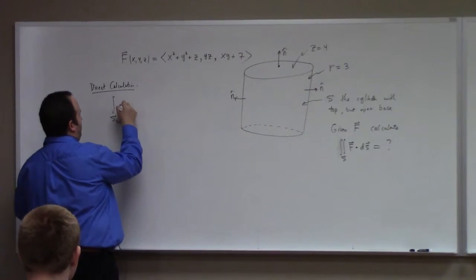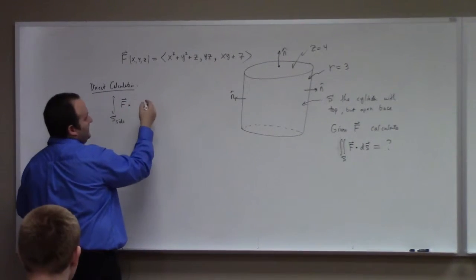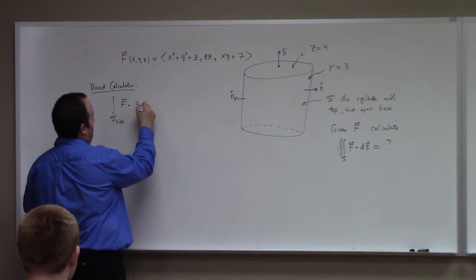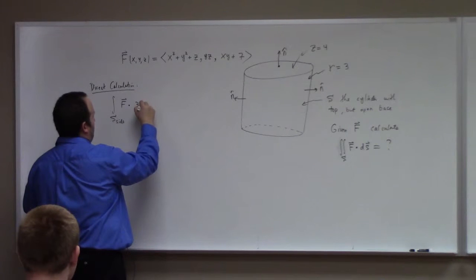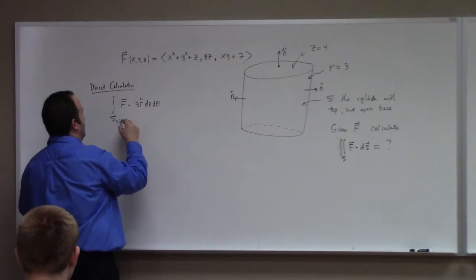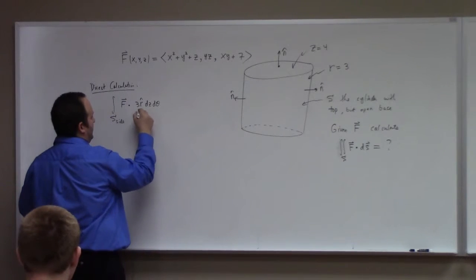You'd have to do F dot, basically, what is it? It's 3 r hat dz d theta, something like that. This is the dS for the side, right?